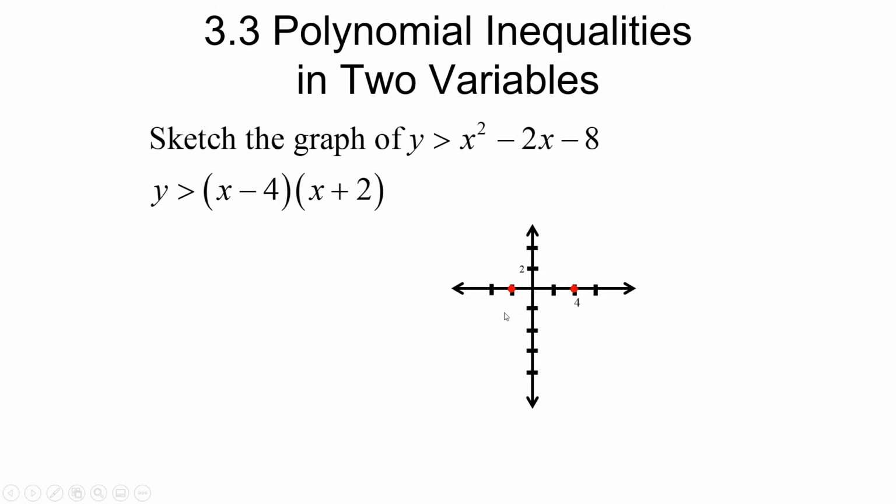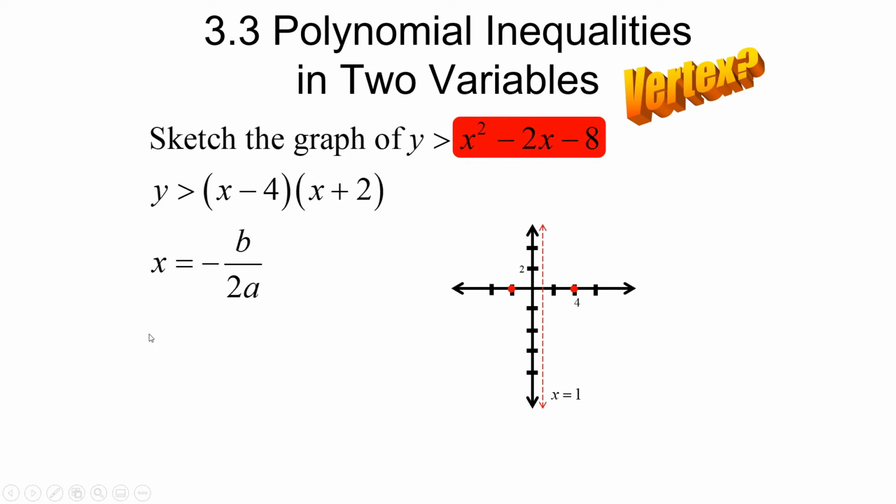I'm going from negative 2 to positive 4, so wouldn't the axis of this quadratic be x equals 1? And if you don't remember that rule, you can just use your old x equals negative b over 2a. The opposite of negative 2 would be 2, over 2 times 1, which is 2, and there it is, x equals 1.